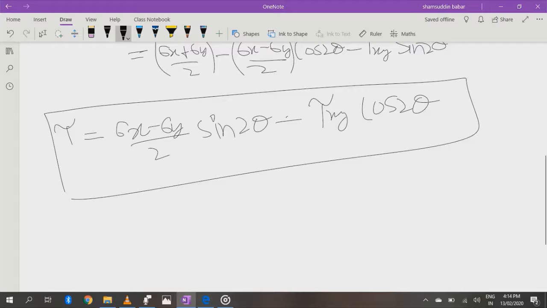So this is the answer. This is the derivation for shear.